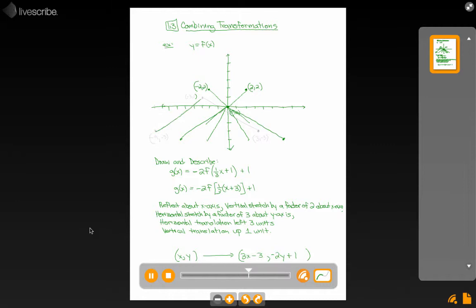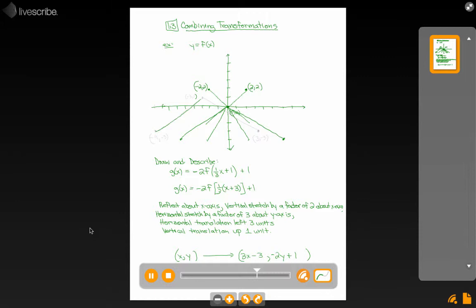We'll worry mostly about the final one being drawn really nicely. Horizontal stretch by a factor of 3 means instead of going 1, 2, it'll go 3, 4, 5, 6 units to the right, and 1, 2, 3, 4, 5, 6 units to the left. So there's my horizontal stretch, puts it somewhere out here.